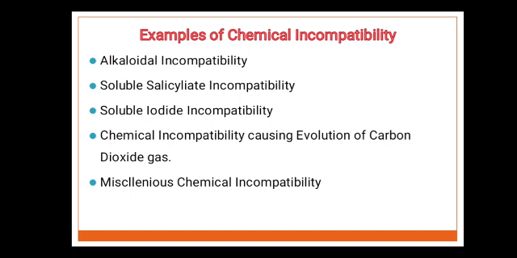In soluble iodide incompatibility, there is oxidation of iodides with ferric salts, oxidation of iodide with potassium chlorate, and oxidation of iodides with quinine sulfate, which is known as the Herapath reaction. In this reaction, quinine sulfate, which is not freely soluble in water, is made soluble in the presence of dilute sulfuric acid.